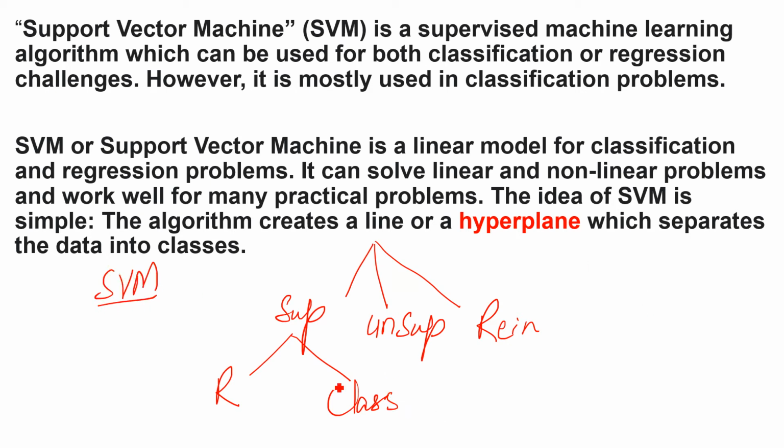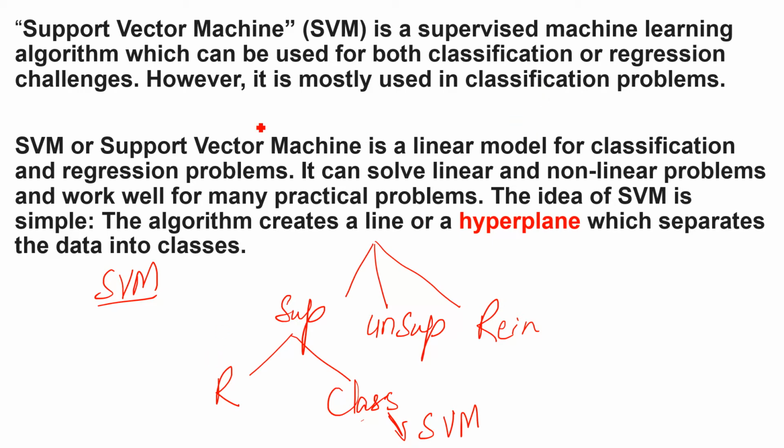SVM deals with both regression and classification challenges, but mostly it supports classification. So simply you can say that SVM comes under the category of classification, which belongs to supervised learning. Right, and in supervised learning we have labeled data.